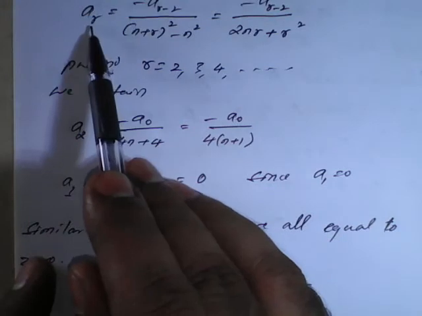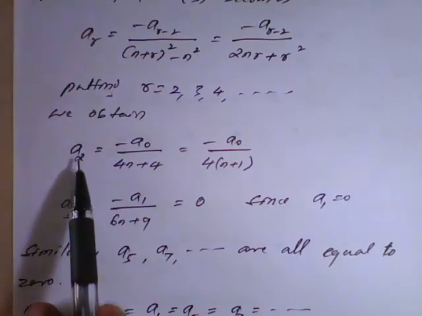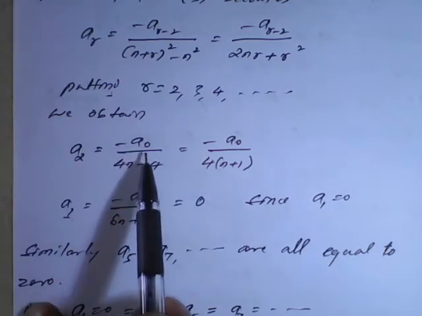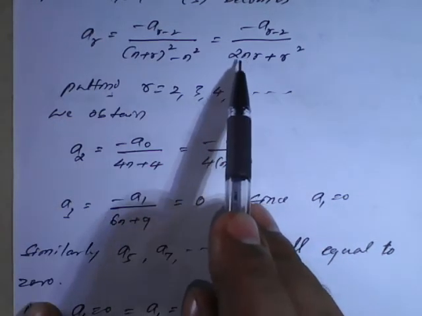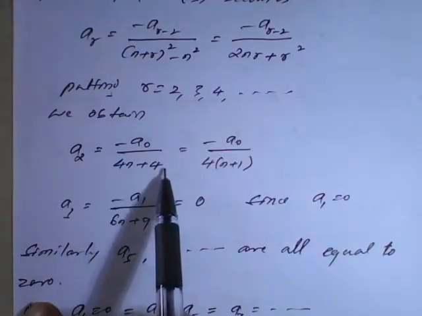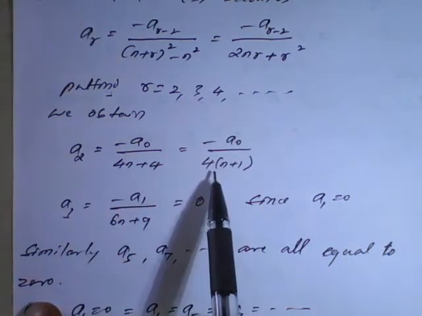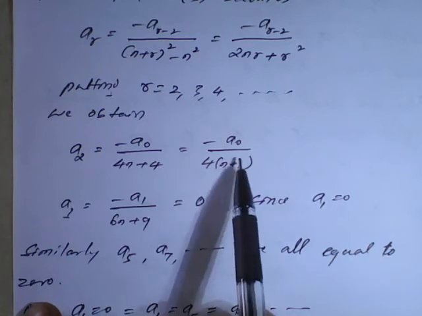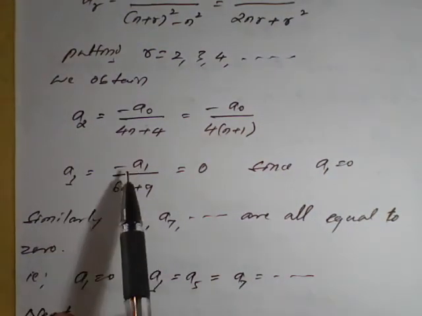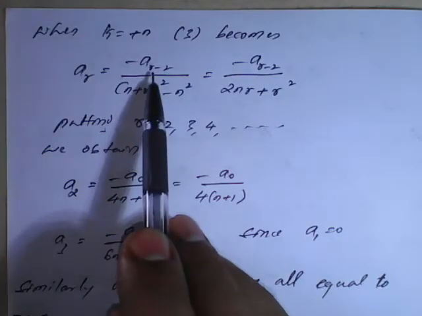If you put r equal to 2, a2 is equal to minus a naught, since 2 minus 2 is 0. When r is equal to 2, it becomes 2 twos are 4, 4n plus 4. Take 4 common, so it becomes 4 times (n plus 1). So we got the value of a2. Similarly, a3: put r equal to 3.